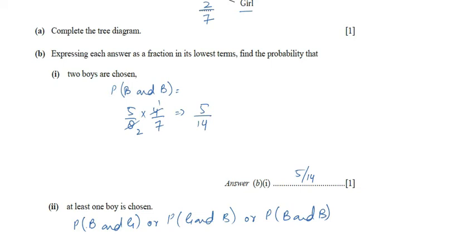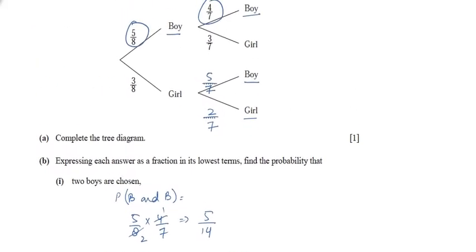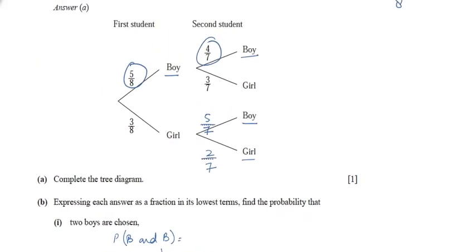Now one more thing we can do here. If we check the tree diagram, we have written all the conditions like boy boy, boy girl, girl boy. Only one condition is left, that is girl and girl. At least one boy means we cannot take an option in which we have girl and girl, because in girl and girl we do not have any boy.